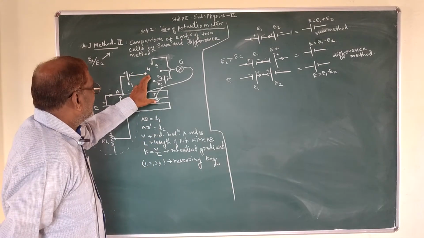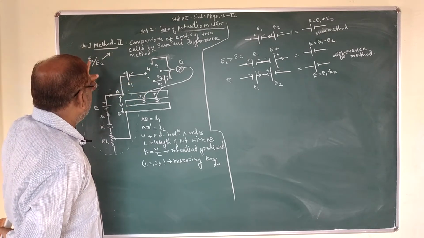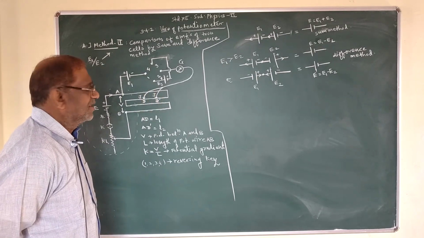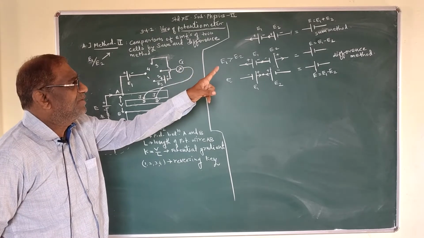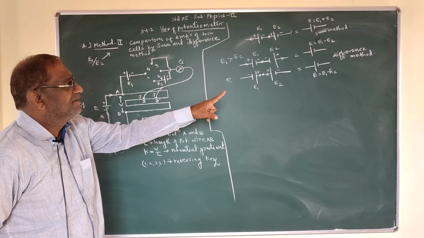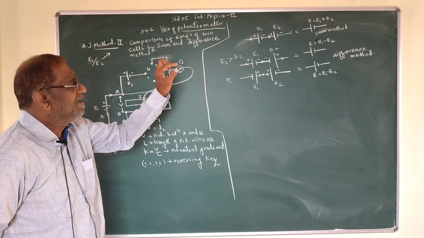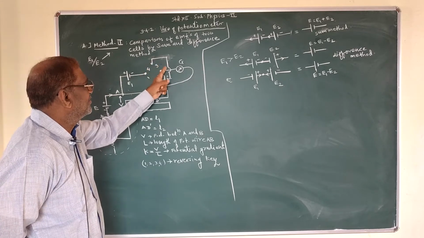the cells of which we have to find the ratio of EMF are connected by sum method and difference method. For the sum method and difference method, we have to make electrical connection with these two cells with the help of a reversing key.